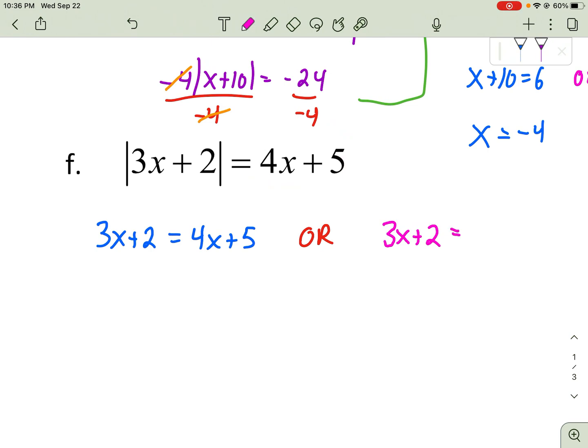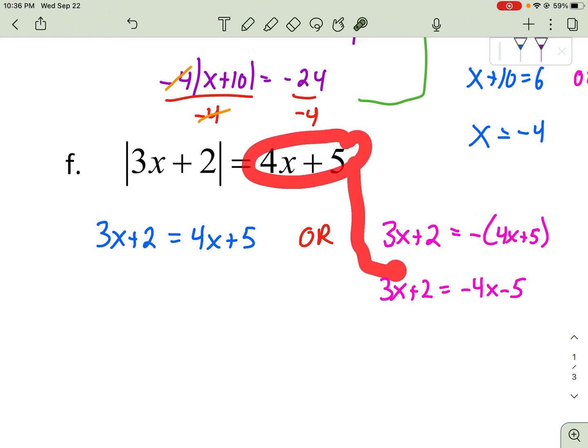So now you say equals negative 4x plus 5. Now notice how I use parentheses. You can skip a step here and just immediately write 3x plus 2 equals negative 4x minus 5. But you got to change the signs of both of these things over here because you have to distribute this negative. But if you know that, you can just jump from here down to this step right there.